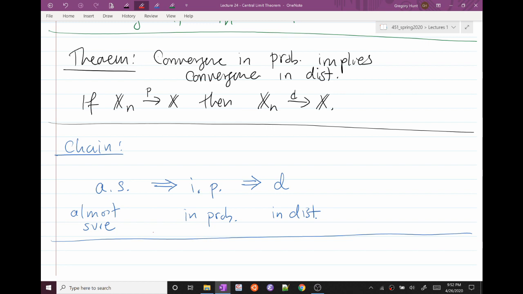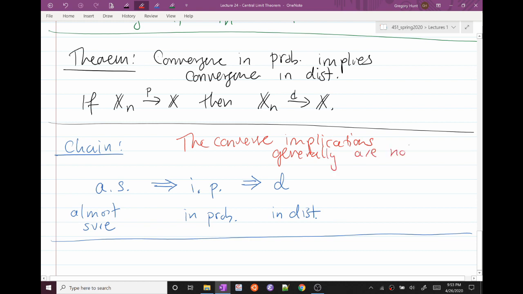So the converse implications generally are not true. We'll talk about some special cases where they are, but in general, you cannot go the other way for either of these.